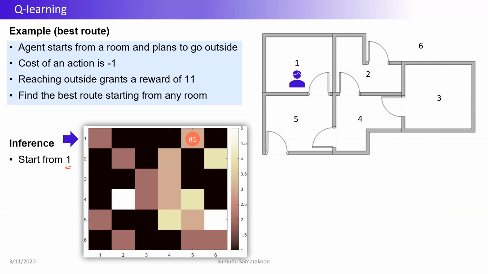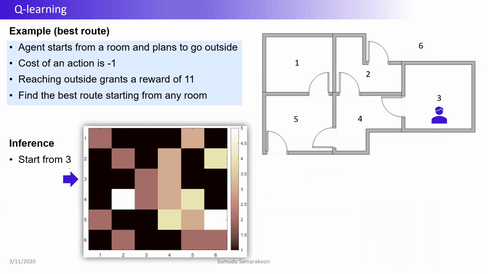So our choice is to pick room number 5. Once we reach room number 5, out of all these four options, moving outside gives the best reward or Q value. So we pick this one, leading the agent to reach outside.